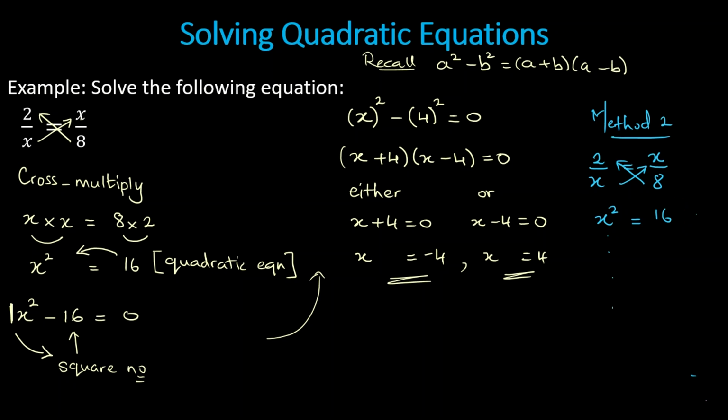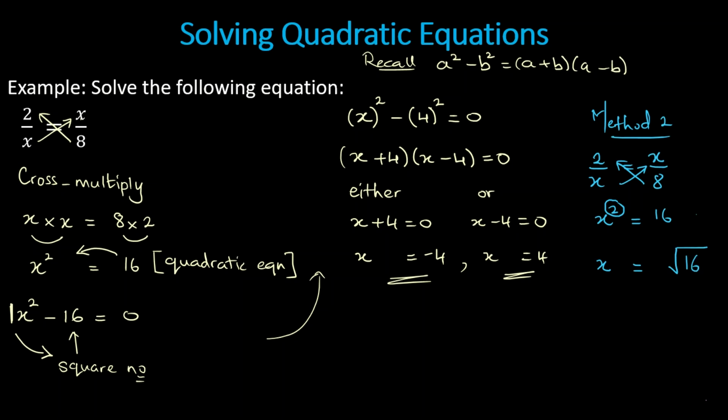At the end, we need to find the value of x, or the values of x in this case, because it is a quadratic. We are going to obtain two values of x. We simply have to remove the power 2. And how do we remove the power 2? Always remember this: to remove power 2, we have to take square root.